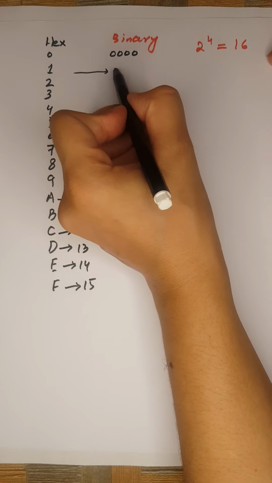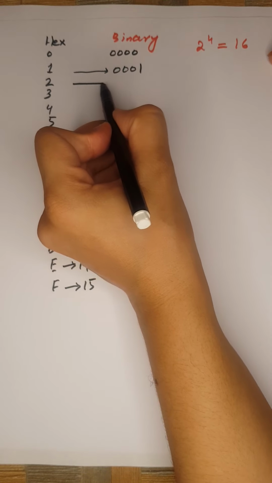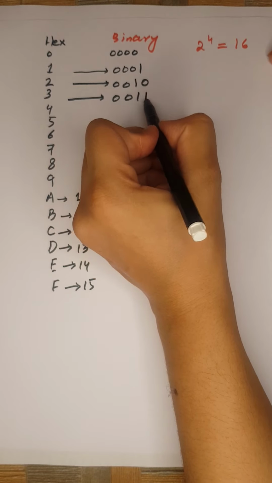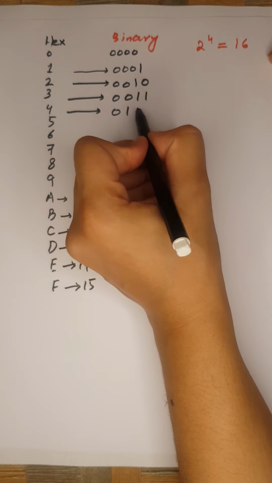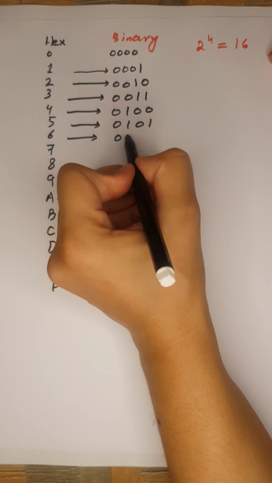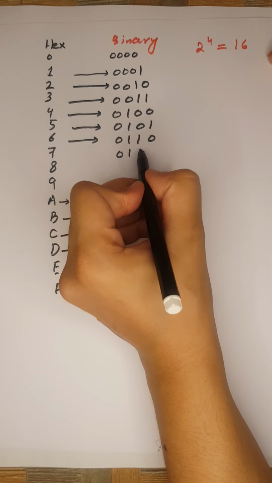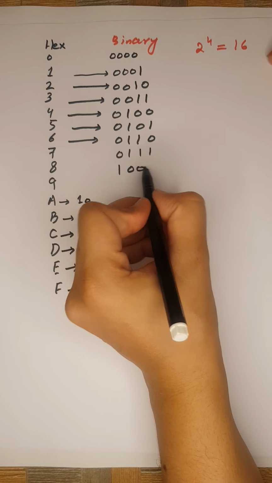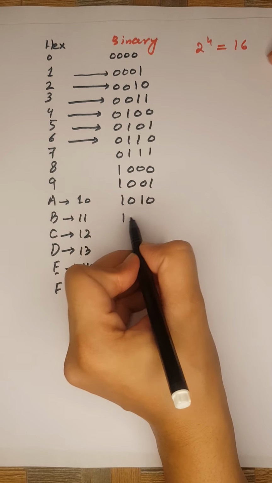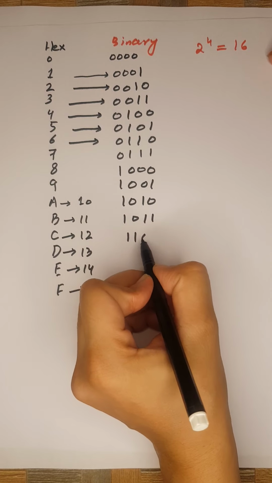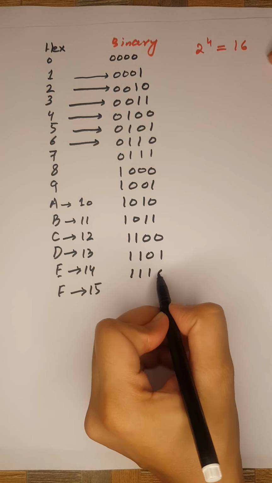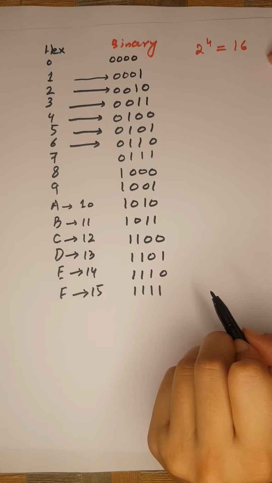For 1 we will have 0 0 0 1, then 0 0 1 0, 0 0 1 1, 0 1 0 0, 0 1 0 1, 0 1 1 0, 0 1 1 1, then 1 0 0 0, 1 0 0 1, 1 0 1 0, 1 0 1 1, 1 1 0 0, 1 1 0 1, then 1 1 1 0, and finally we will have all bits on.